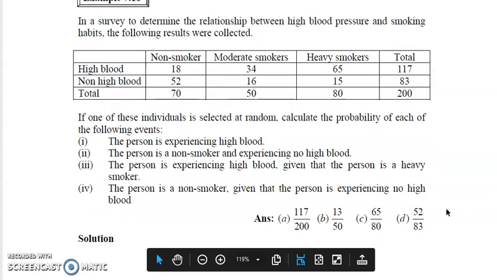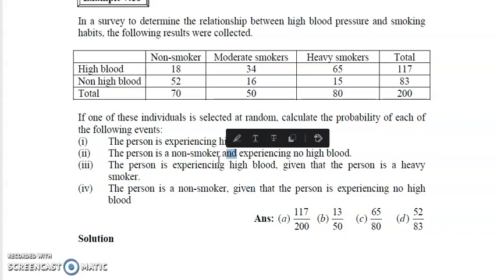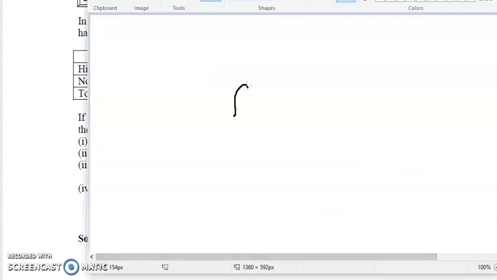And then the next one, the person is a non-smoker. So you can see this column, and from here, which is the intersection. Intersection, okay? This part is the intersection, this one is the union. What is the name of this symbol? I'm not sure.